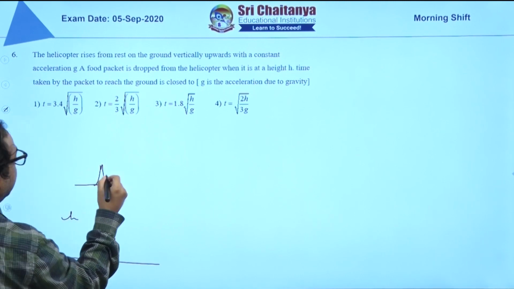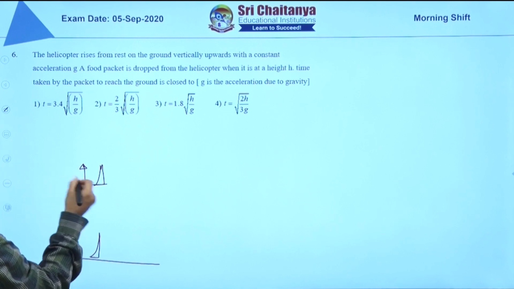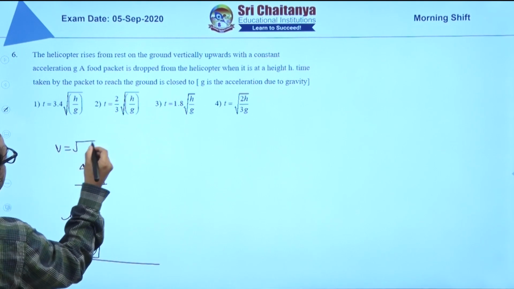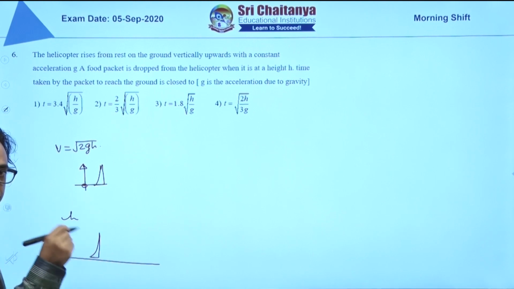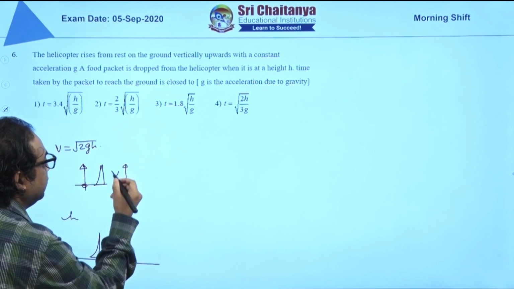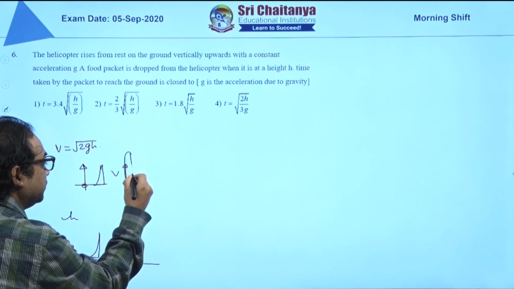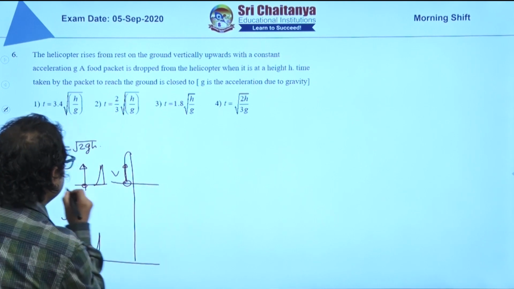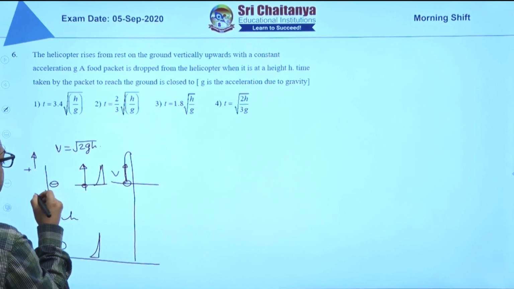So, definitely this helicopter will have a velocity. It started with 0 velocity. By the time it reaches here, let the velocity be v is equal to root over of 2gh. So, now when the food packet is falling, definitely it is having the same velocity as that of helicopter. So, its motion will be, it will go up and it will come down. So, let us take this to be origin. Upward is positive and downward is negative.